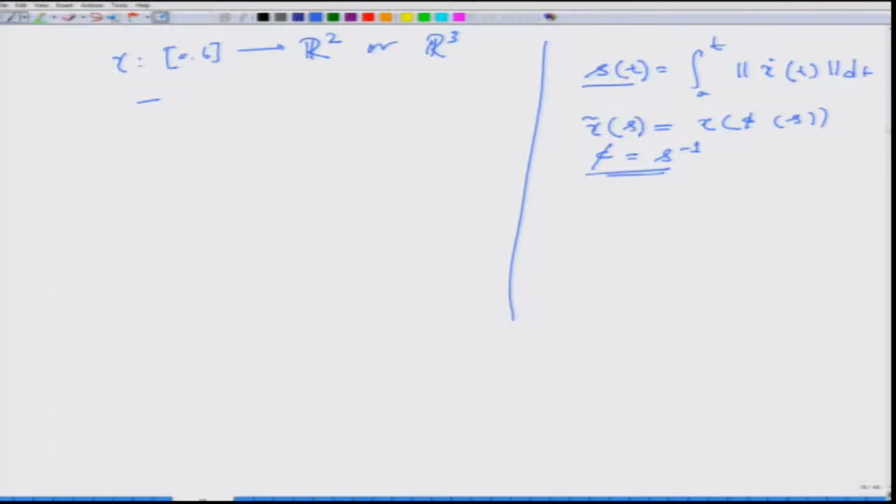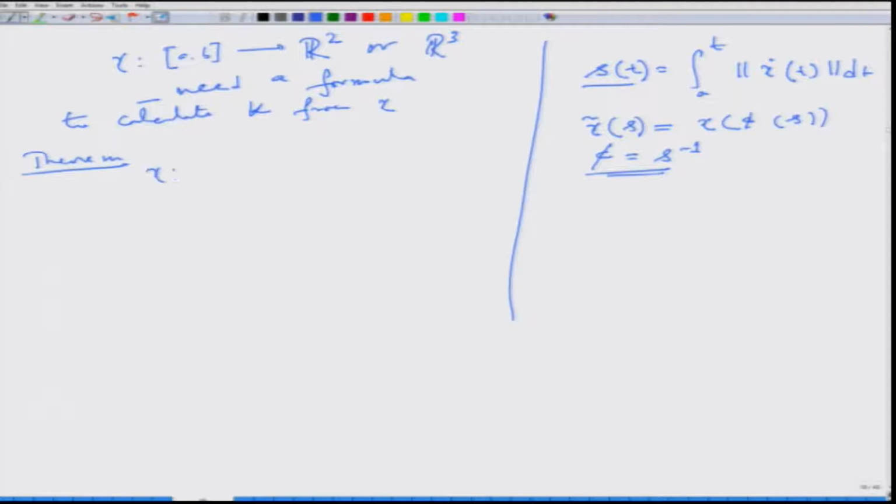So, we need a formula to calculate curvature from gamma itself, and I write the formula as a theorem.